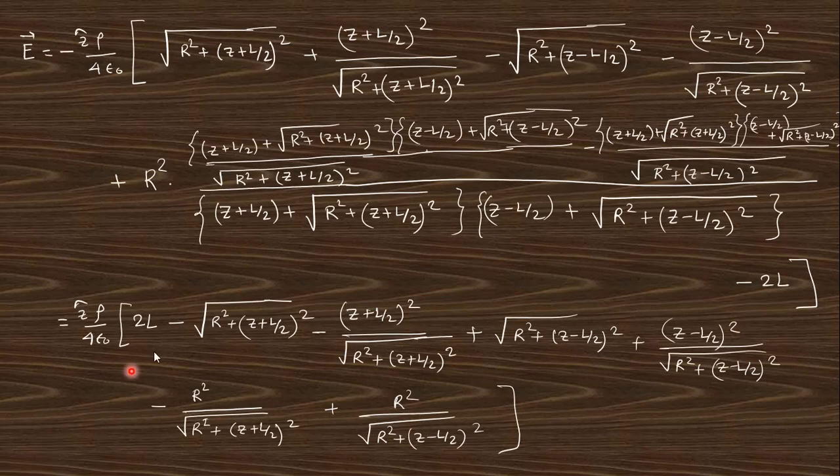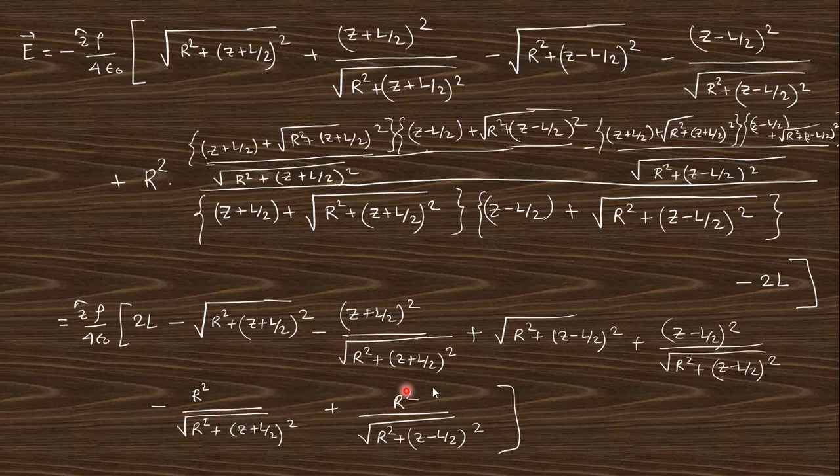Okay, this will be the same minus this one, and these cancel out, only 1 by this portion will be present, r square by this one and r square by this one. Now if you take the minus it will be multiplied, that's why the plus and minus are rearranged here.